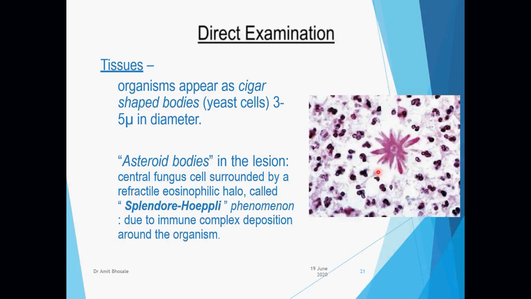So the halo is because of the deposition of immune complex surrounding the fungus cell, and it is known as the Splendore-Hoeppli phenomenon.